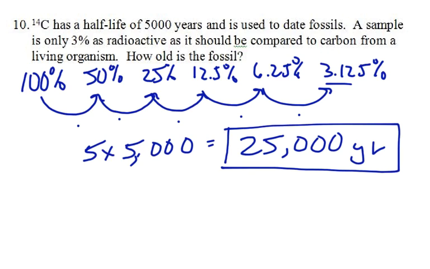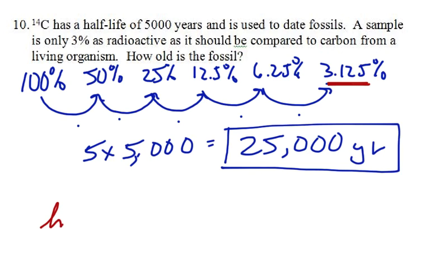Now, if somebody said, well, this is not really down to 3, this is 3.125, how do I get to a non-whole number of half-lives? There is a formula that we can use for that. It's a little bit more complicated, but I'll just mention it in case you want to get into that kind of stuff.